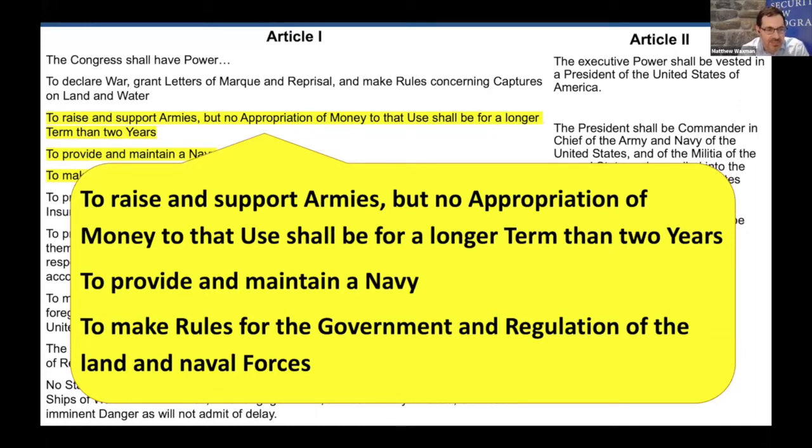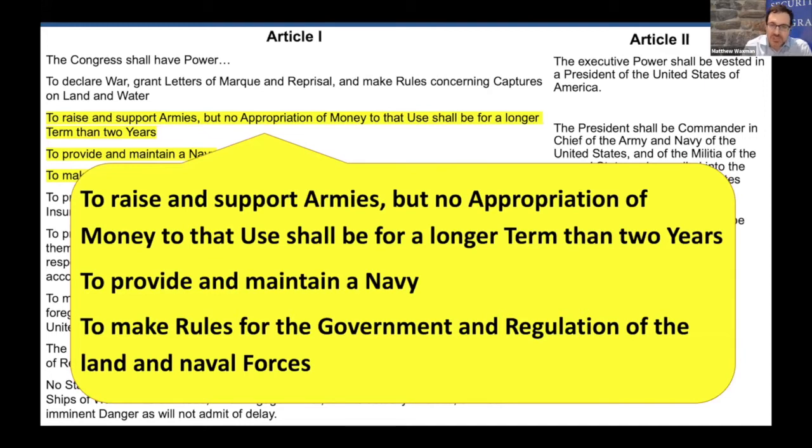As to the Army, the power is not merely to create Army forces temporarily in wartime, but to keep them in place. I think this is written in order to hammer home the idea that these could be standing forces.